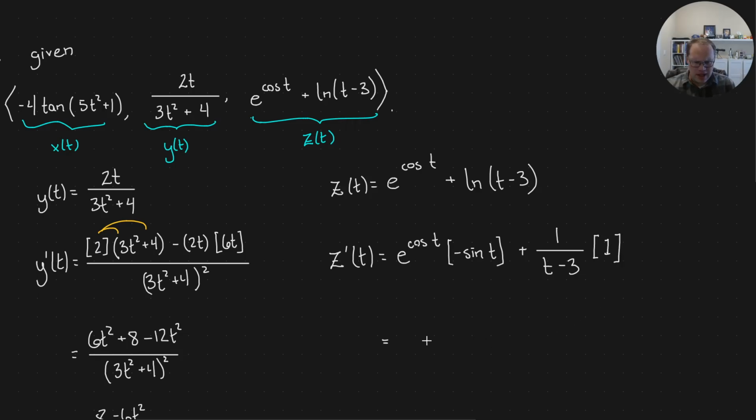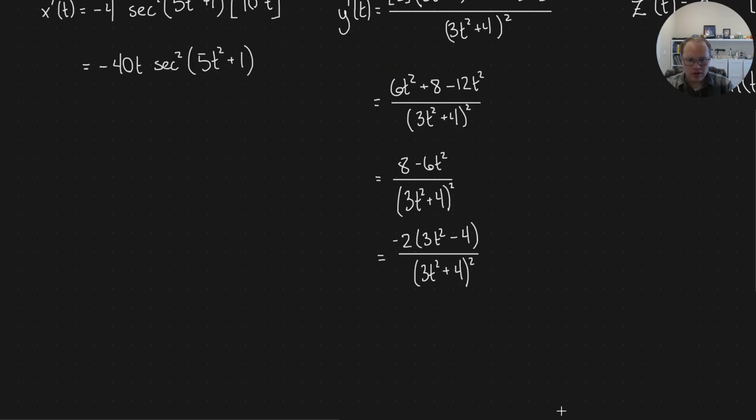And so put it all together, tidy it up just a bit, I get negative sine of t times e to the cosine of t plus 1 over t minus 3. That's about as good as it gets. All right, so now let's put it all together for our final answer.